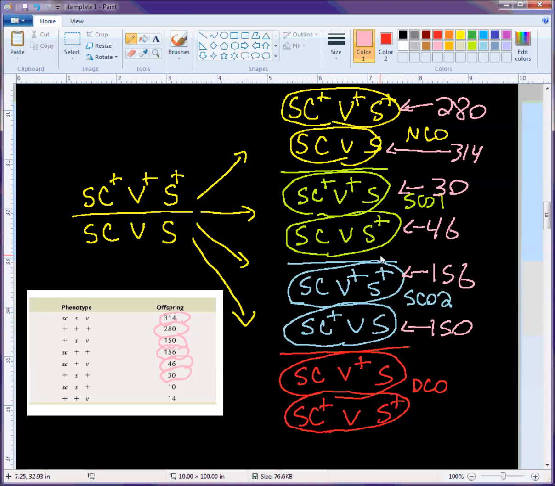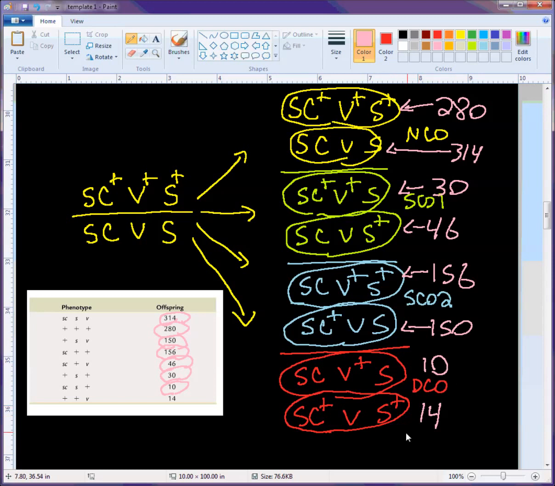Now, that leaves, I'm just checking over to make sure I didn't make a mistake there. Sorry for the delay. Okay, let's take a look here. 10 progeny came from gametes that had mutant alleles for SC and S and a wild type allele for V. Okay, and 14 came from a gamete that was just mutant for V. Okay, so this is perfect.